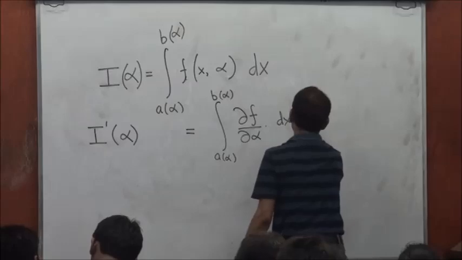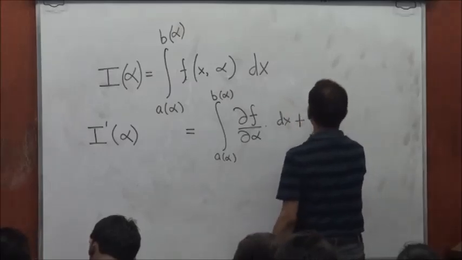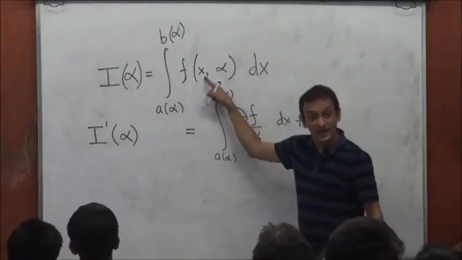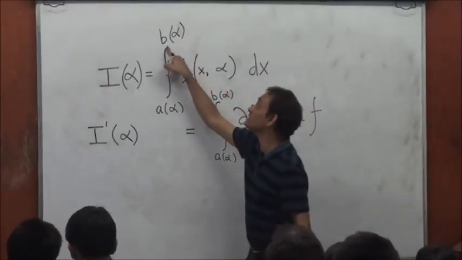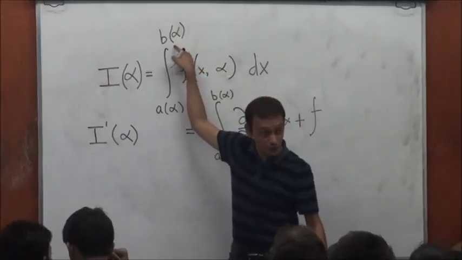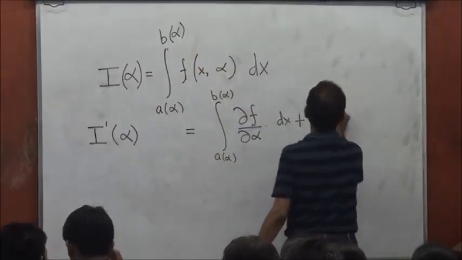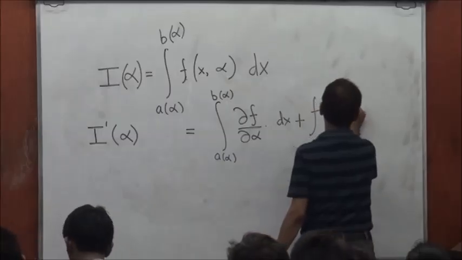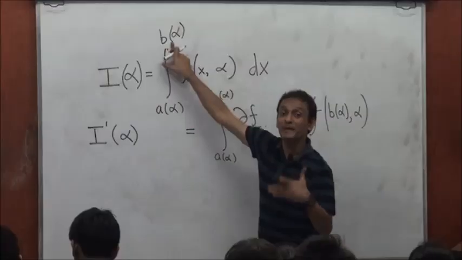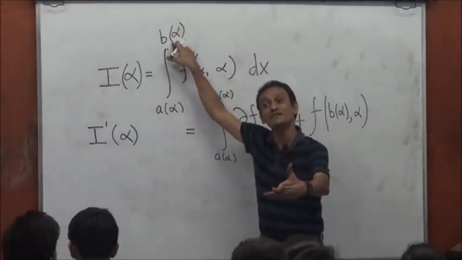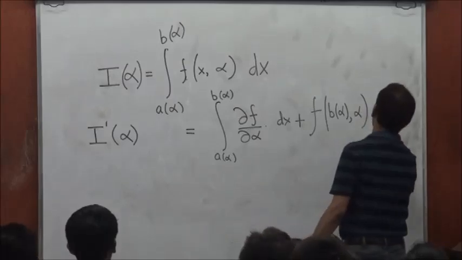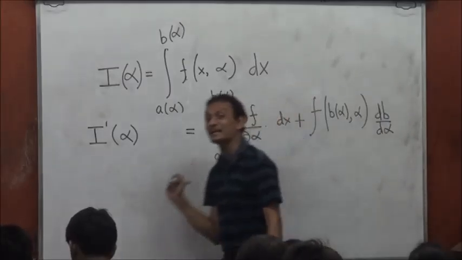In the second term, wherever this x appears in this function, replace it by the upper limit of integration, b of alpha, comma alpha, and then differentiate b with respect to alpha, into db d alpha. That's the second term.